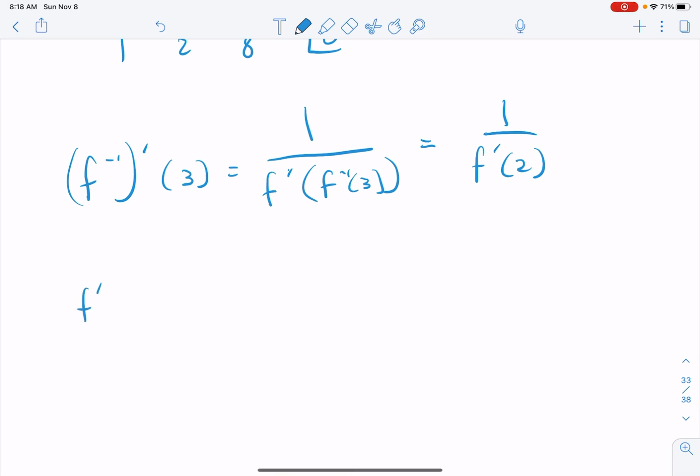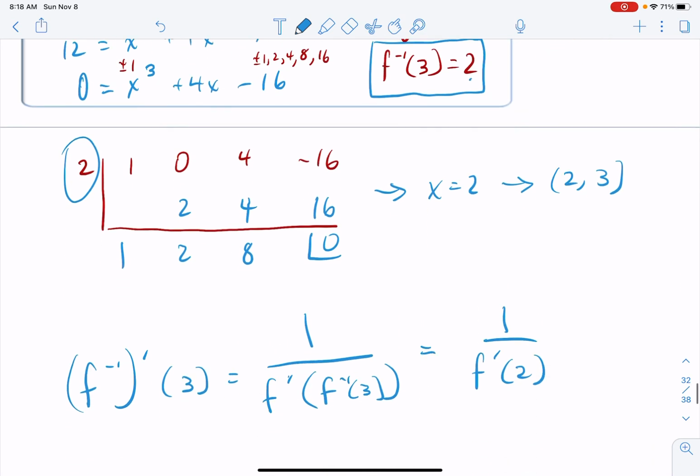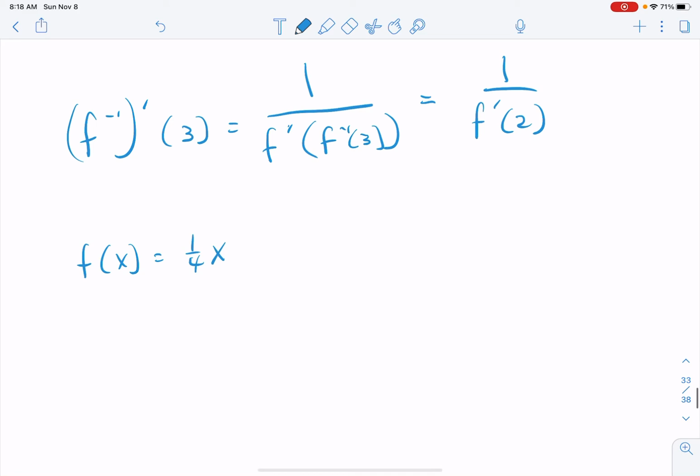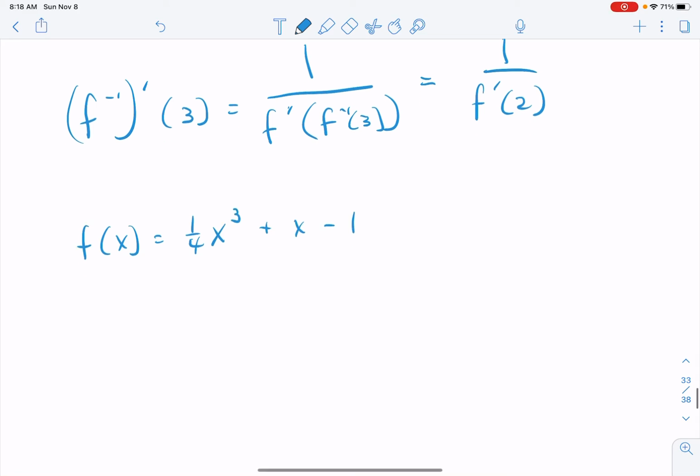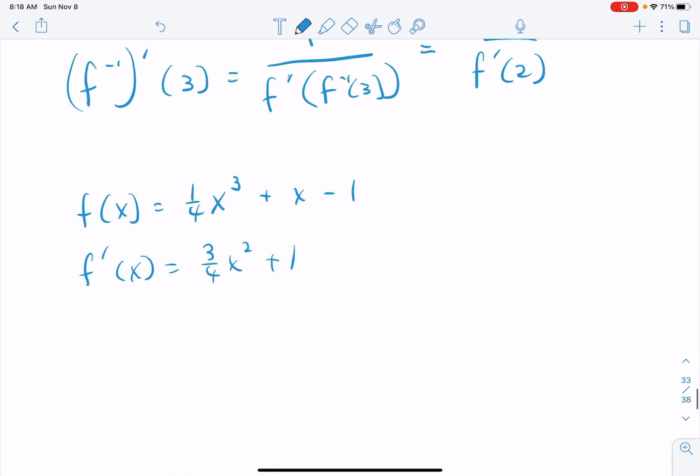Our function, if I remember correctly, is 1/4 x cubed plus x minus 1. All right, find its derivative. We get 3/4 x squared plus 1. And we want to plug 2 in here.